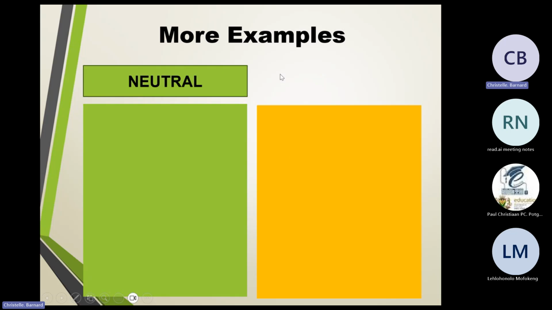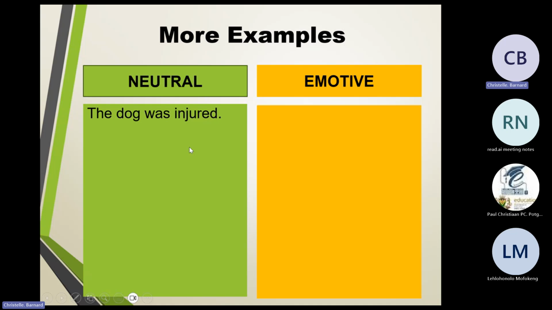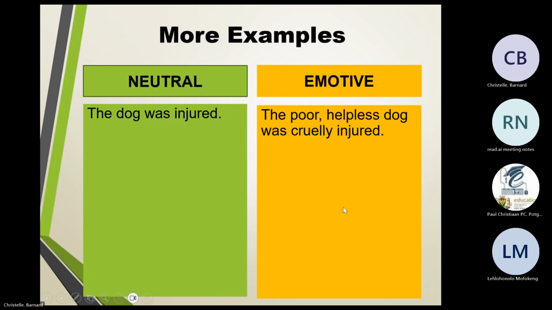More examples, the neutral and the emotive one. Now, the dog was injured. So what word can we add that can create a certain emotion? I don't know if you can think of one, but here's an example. The poor, helpless dog was cruelly injured.